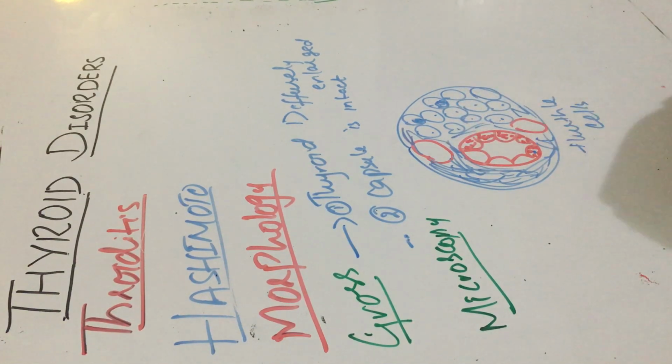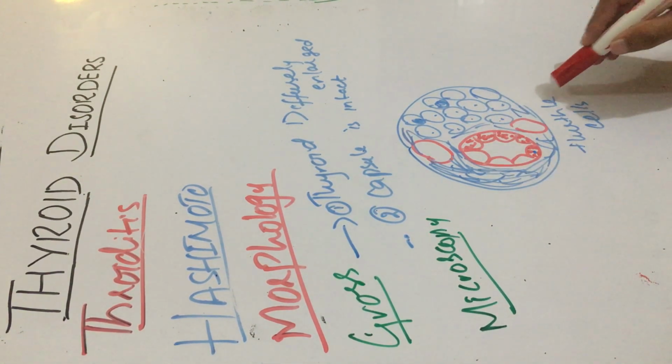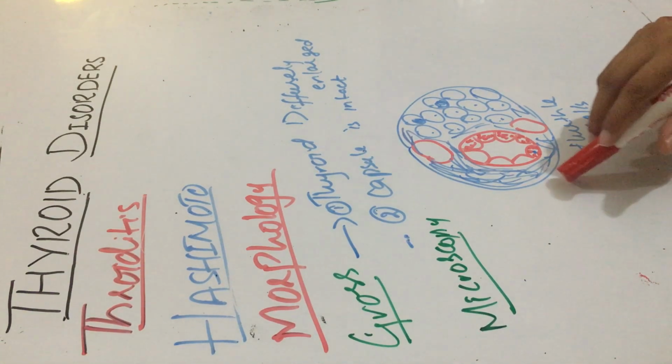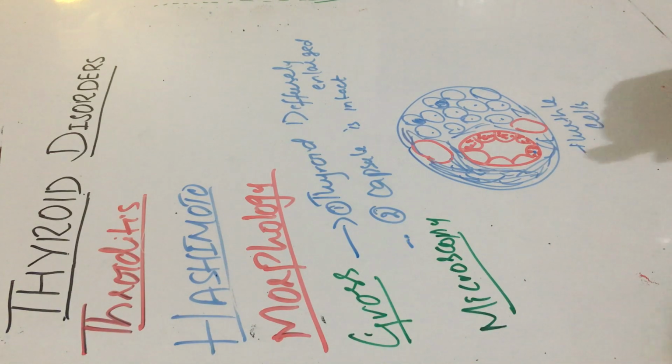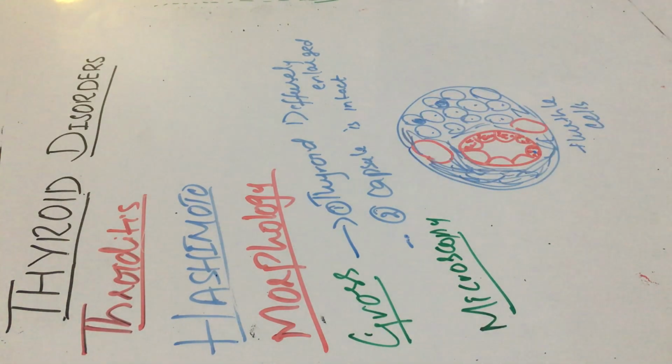It is basically a metaplastic response, in which the normal low cuboidal follicular cells are replaced by Hurthle cells. And the third is widespread and extensive fibrosis, but this fibrosis would be confined to the capsule and not extend beyond it.